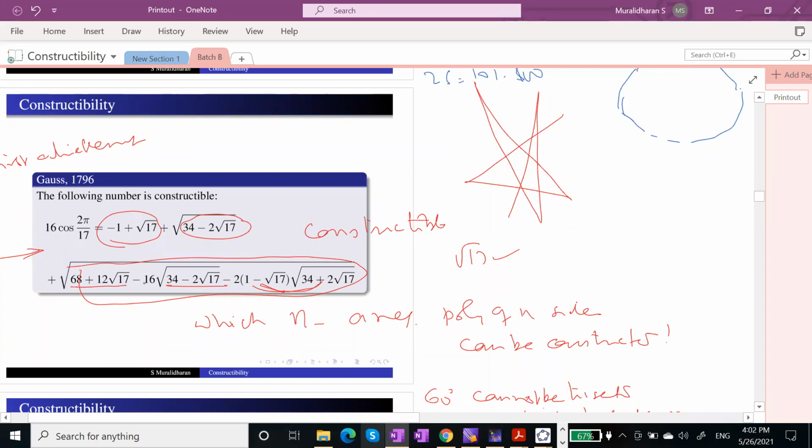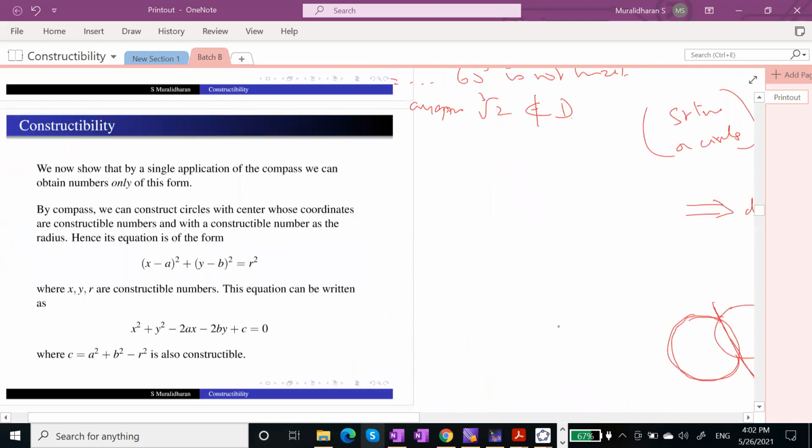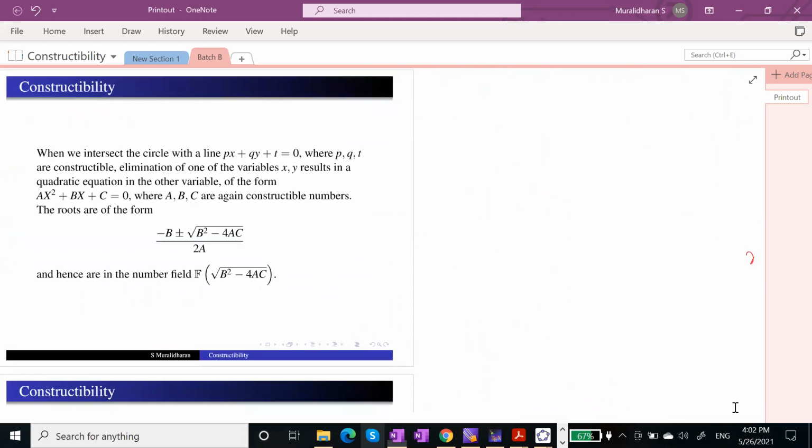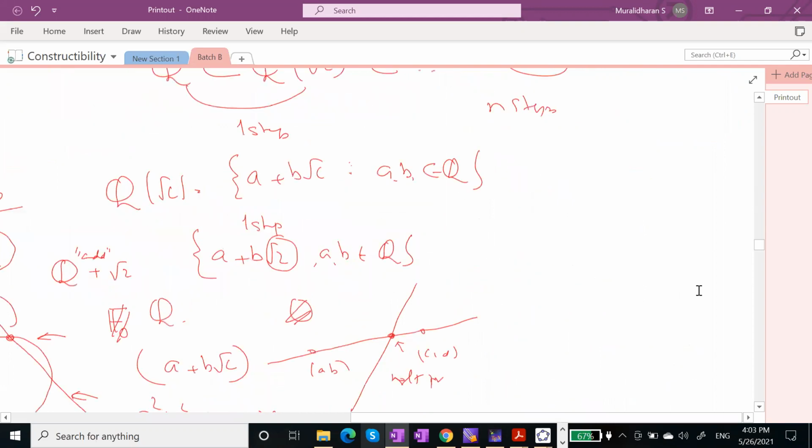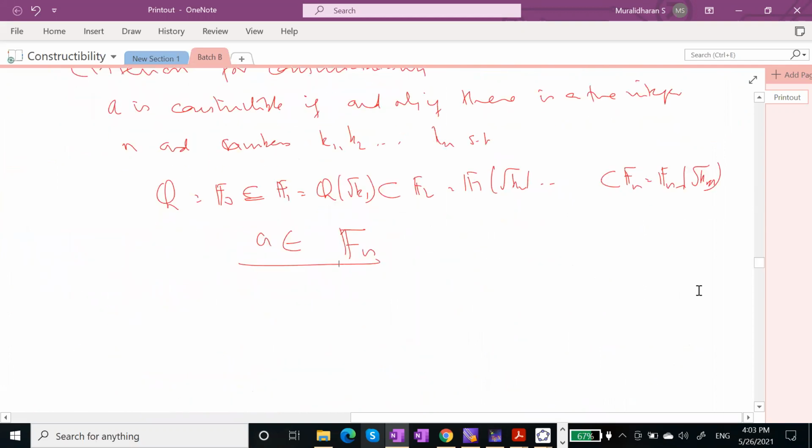Okay. Yes, Ritvik. So what is K again? Can you repeat? These Ks are in the previous ones. First of all, K1 will be a rational number. K2 will be in F1 and so on.